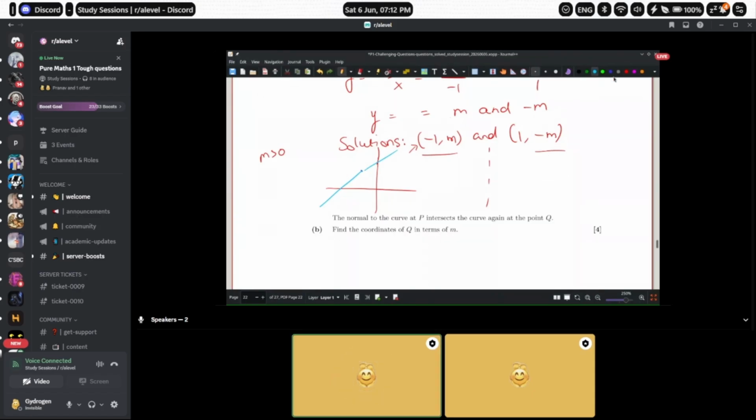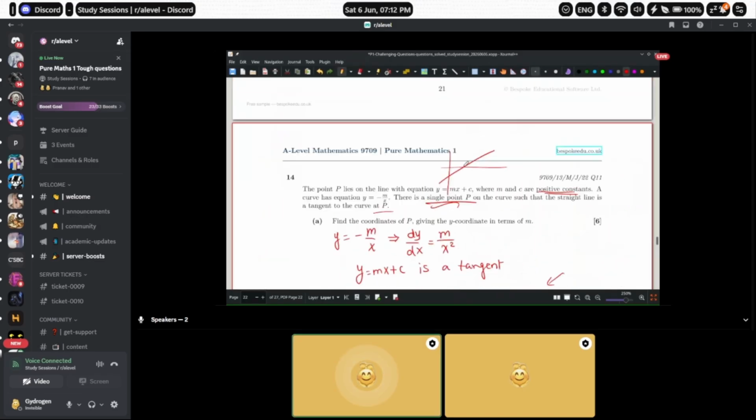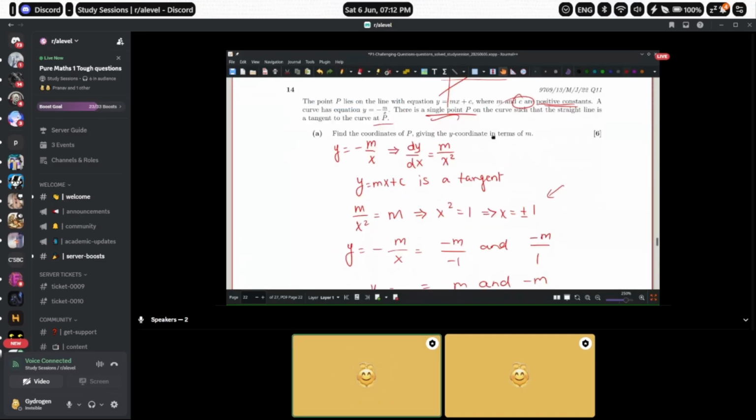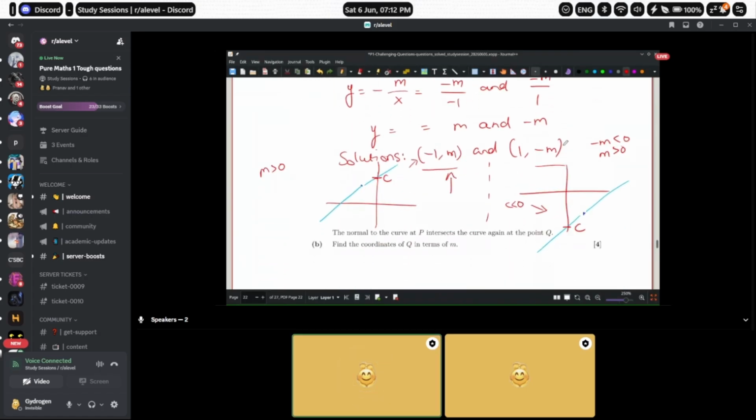Whereas for this case, we have negative m is less than zero, and m is greater than zero, obviously. When you plot this point, you get something like this, and then a positive gradient line. So this will be c, and this will be c because in y equals mx plus c, c is the y-intercept. So we see that in this case, c is less than zero. But in the question, they say c is a positive constant. So we reject this solution. So the answer is minus 1, m.